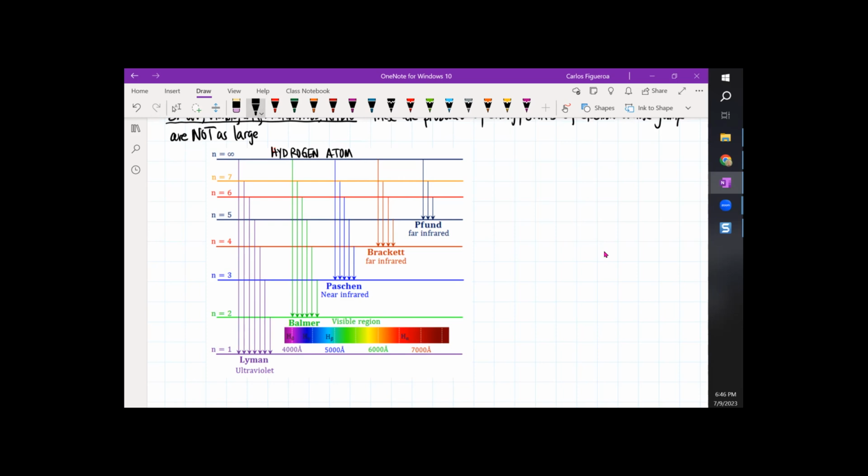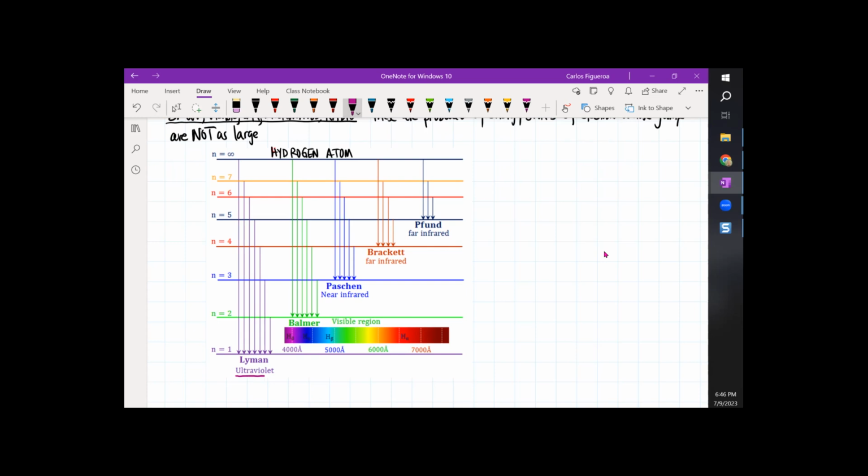So what you see in hydrogen is you get a class of jumps. The bigger the jump, you get something called Lyman, and they produce ultraviolet light. Look at the purples. These jumps are bigger. Now, if you want to get to visible light, this is the Balmer series, and the Balmer jumps are smaller than the Lyman.